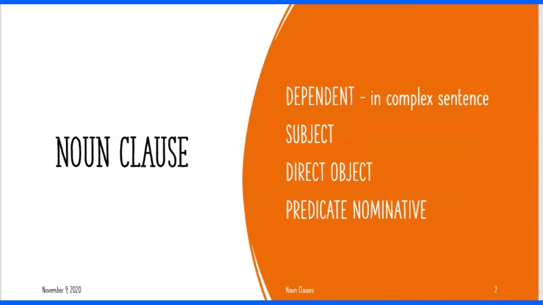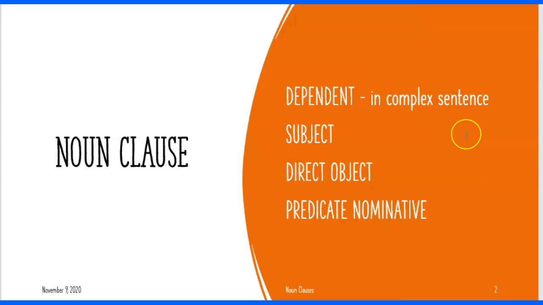So let's first begin by looking at the gray box on page 131. I'm taking most of my examples and referring to things in the book, so make sure you get your green textbook out. You will notice in the gray box that the noun clause has to be dependent. So it cannot be an independent clause. It will be dependent. That means it will be in a complex sentence.